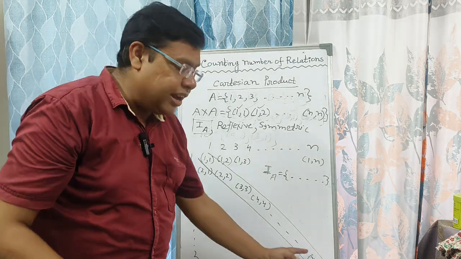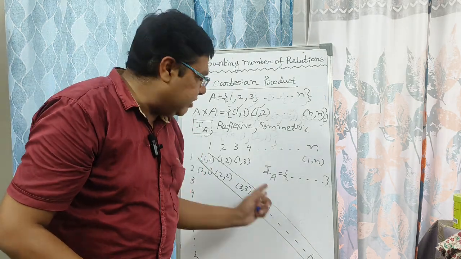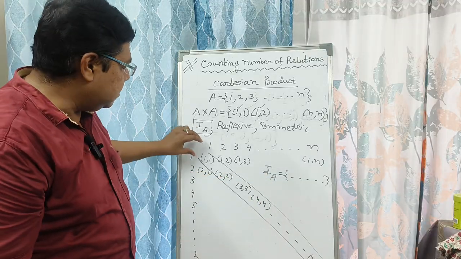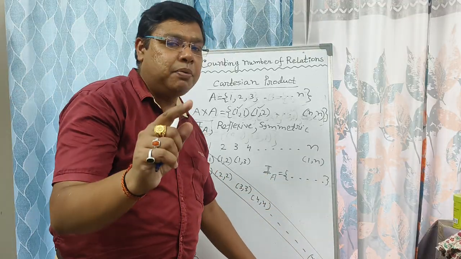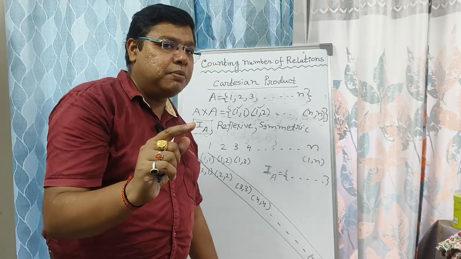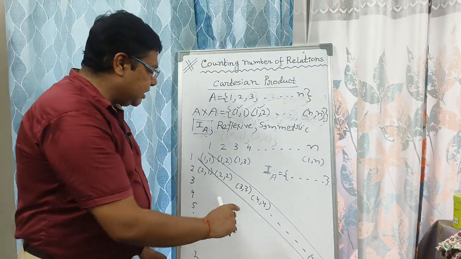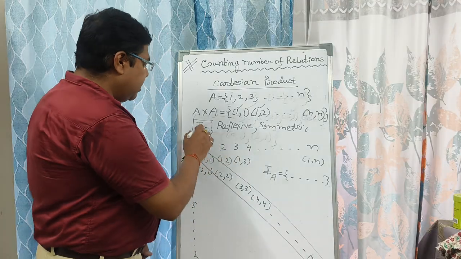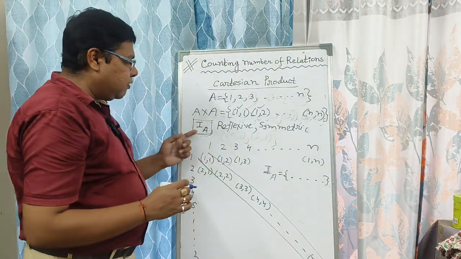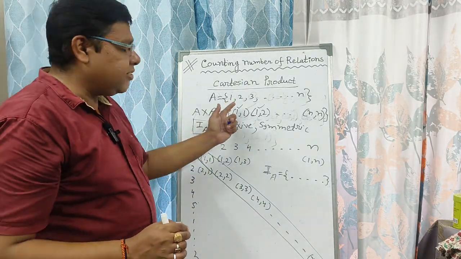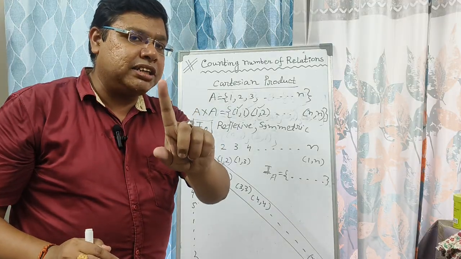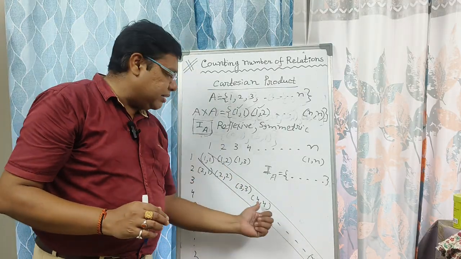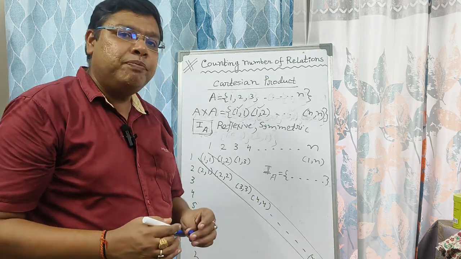Obviously, n number of elements will be inside the set. But how many relations are possible? This way, only one identity relation is possible, and in that identity relation all these pairs should be included. That's all. So if I want to count the number of identity relations on any set, only one identity relation we can make, and all these pairs should be included.